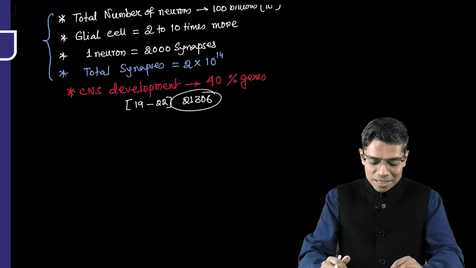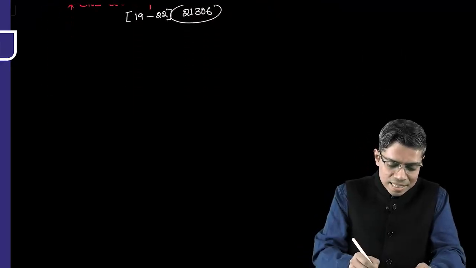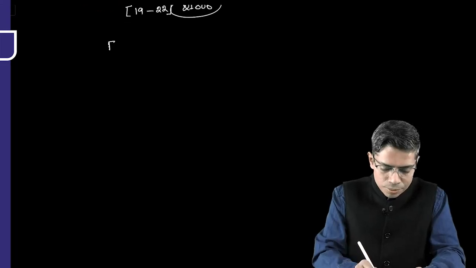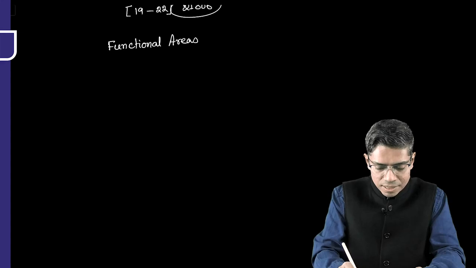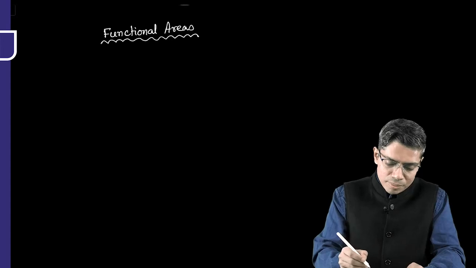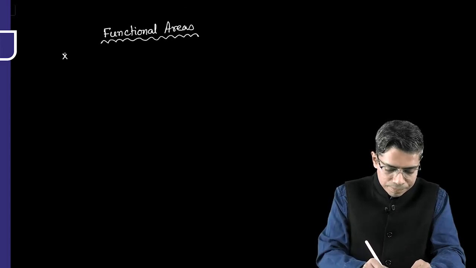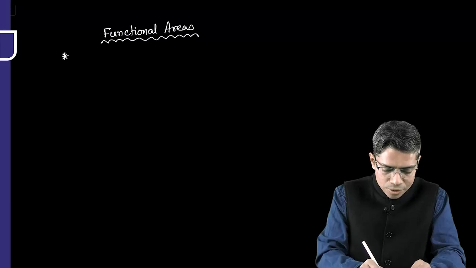Okay, now we are coming to the functional areas of the neuron. Your MCQ will be like this. Number 1, graded electrogenesis.